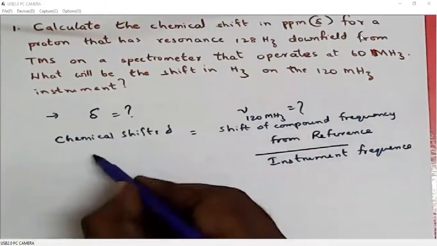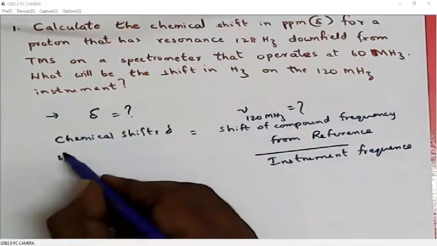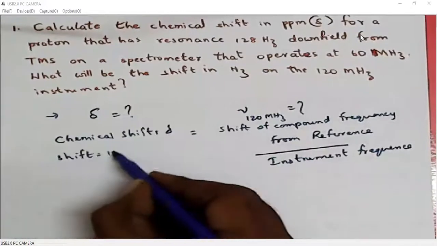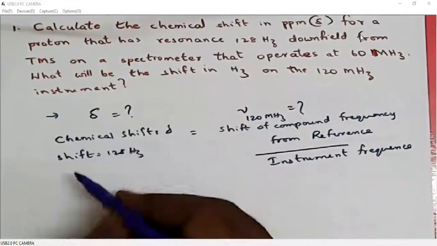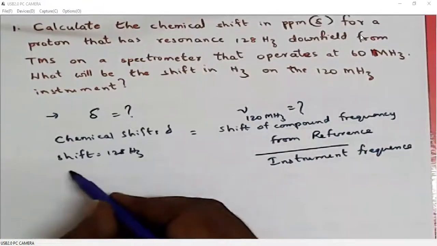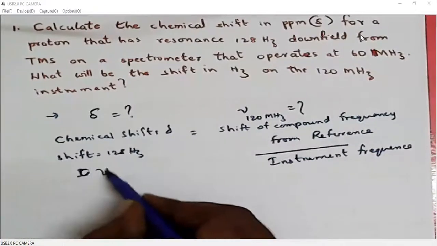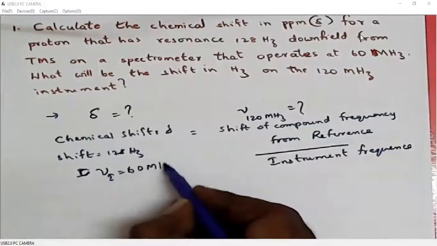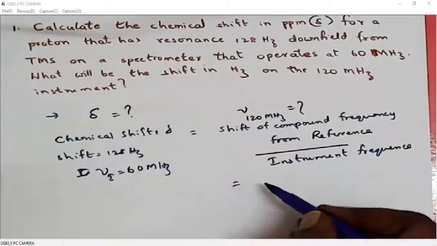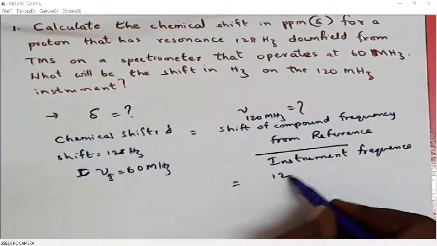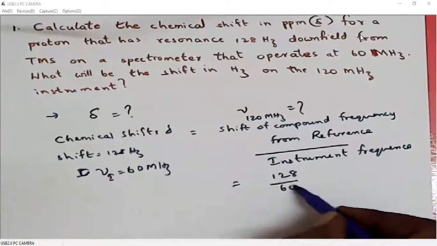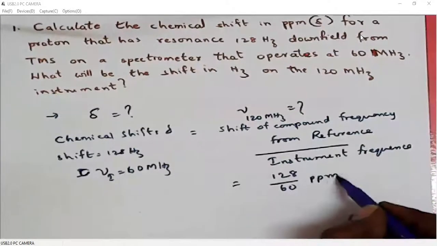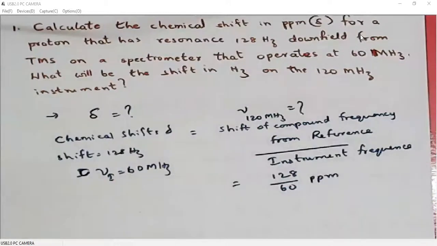For the first problem, the shift was given as 128 Hz and the instrument frequency is 60 megahertz. So from this we can easily calculate the delta value: 128 by 60 ppm. You can simplify this.